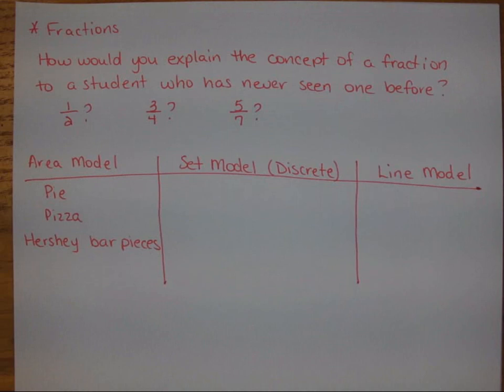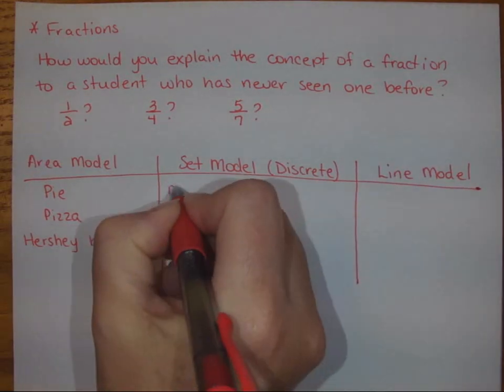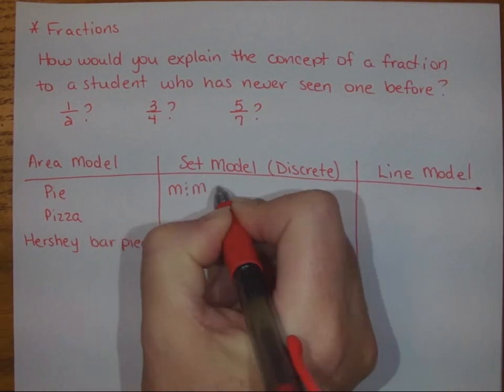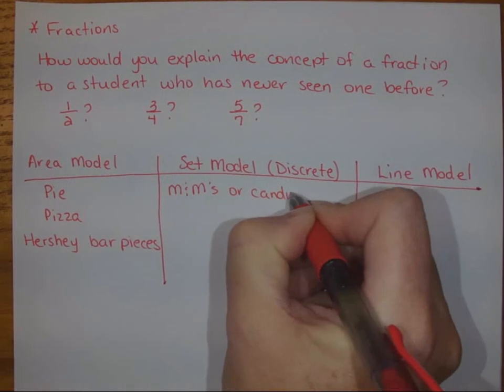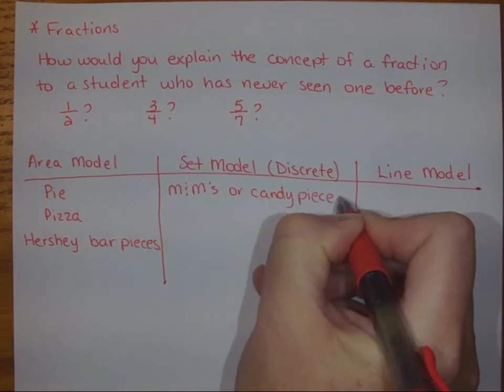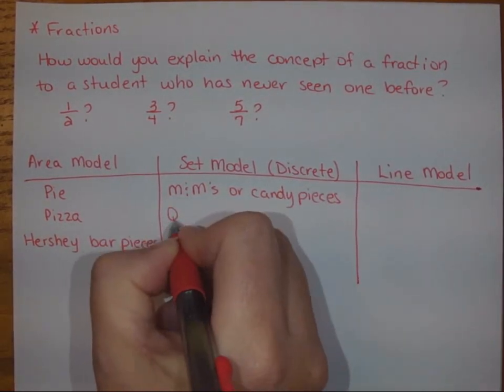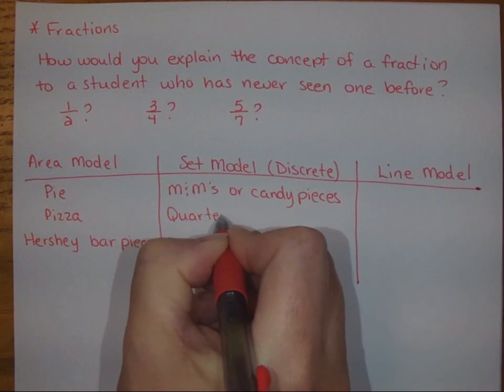All right, the next model is called a set model. A set model is when you have a set of items and you split them up into groups depending on what fraction you have. So some of the more common tools for that is maybe to use M&Ms or candy pieces, because those are kind of readily available. Any sort of like quarters or coins.